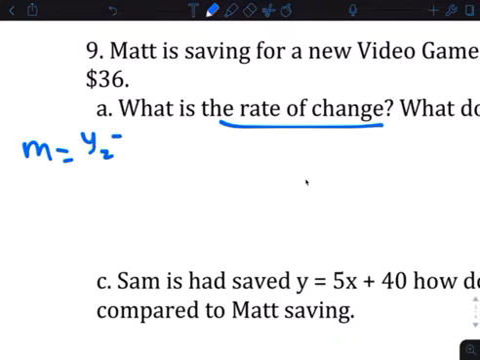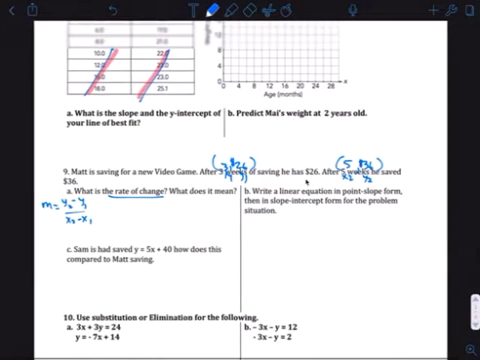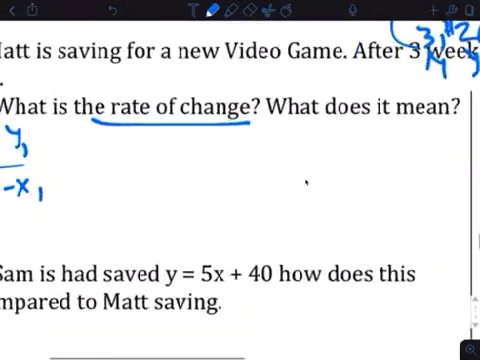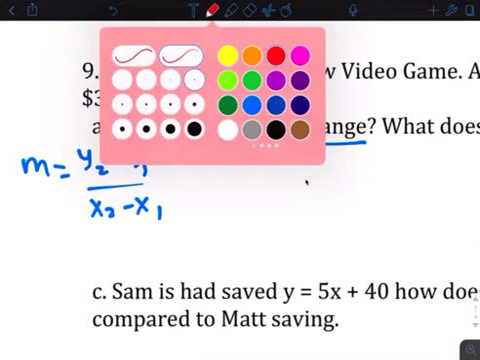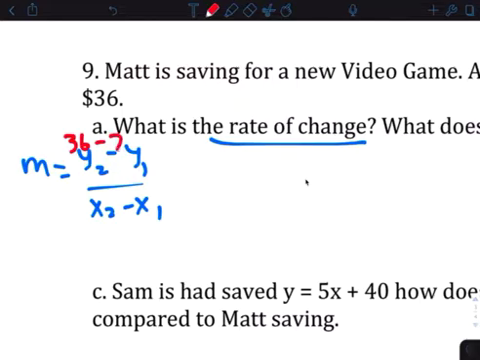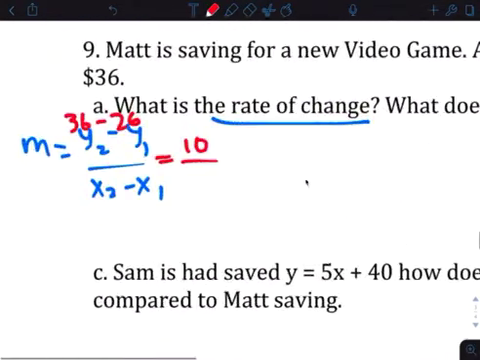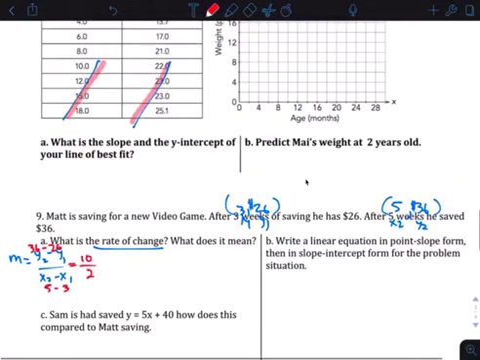Y sub 2 minus Y sub 1 over X sub 2 minus X sub 1. 36 and 26. It's 10 over 5 minus 3, which is 2. So 10, and that's dollars.